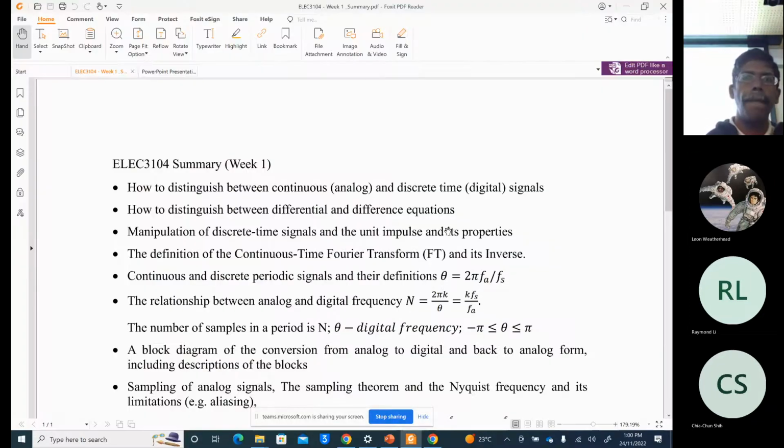So we start from here. Here is how to distinguish continuous time and discrete time signals. Continuous time means the time axis is continuous.